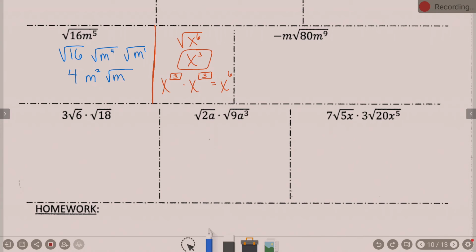You leave it under the square root. So my final answer, when I put this all together, is 4 m squared times the square root of m. So kind of like up above, I was breaking the numbers down. Now we have to break variables down too.